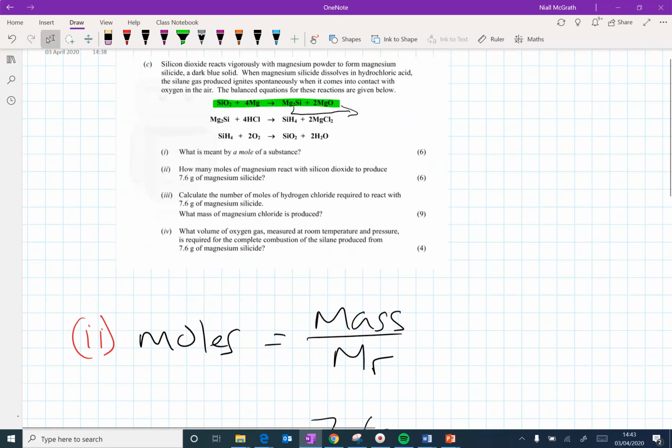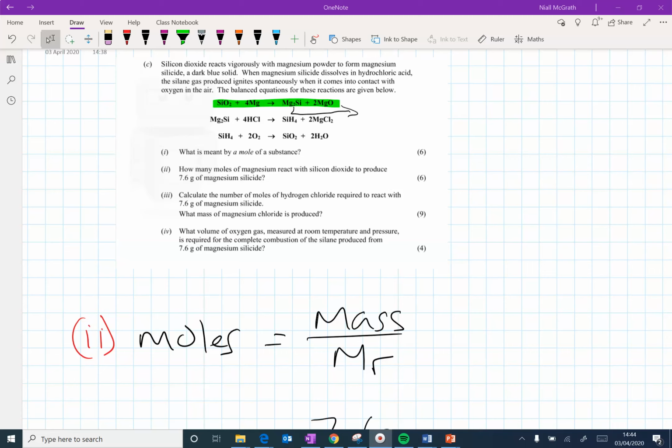Now, if we move on to part 3, calculate the number of moles of hydrogen chloride required to react with 7.6 grams of magnesium silicide, and what mass of magnesium chloride is produced.